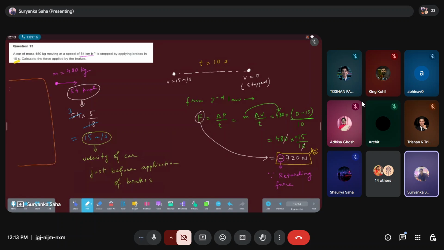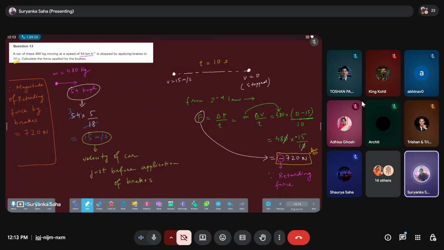therefore magnitude of retarding force by brakes equal to 720 Newton.